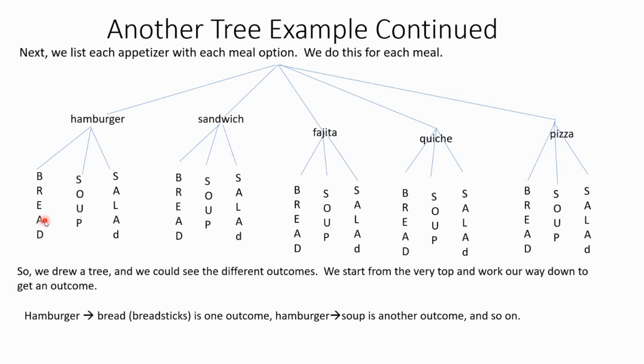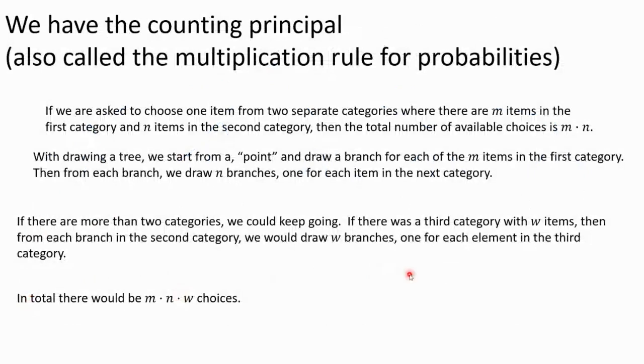So for instance, maybe we can consider getting dessert, right? If there are 4 choices for dessert, then from each of these you would draw 4 branches, and then you would have 5 times 3 times 4, or in the more general case, m times n times w. You basically would just multiply, is what we're saying. That's how you get the total number of possibilities.